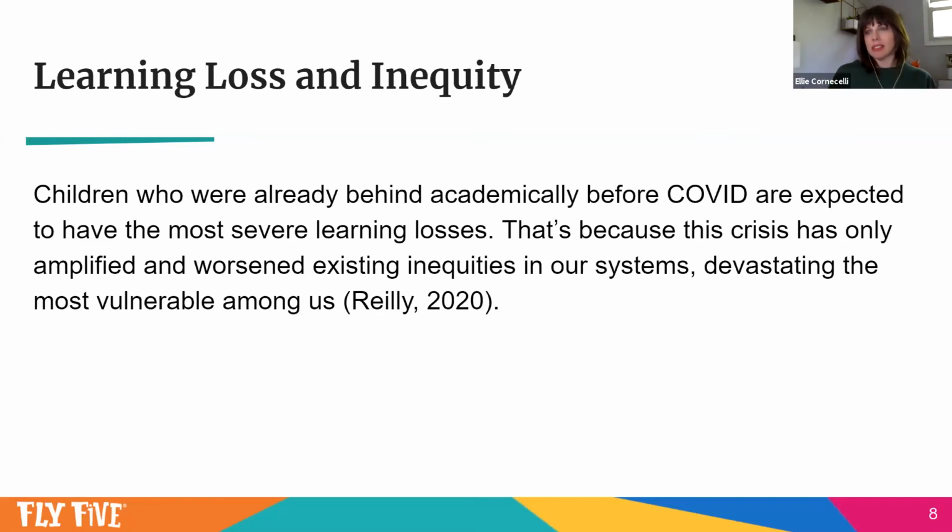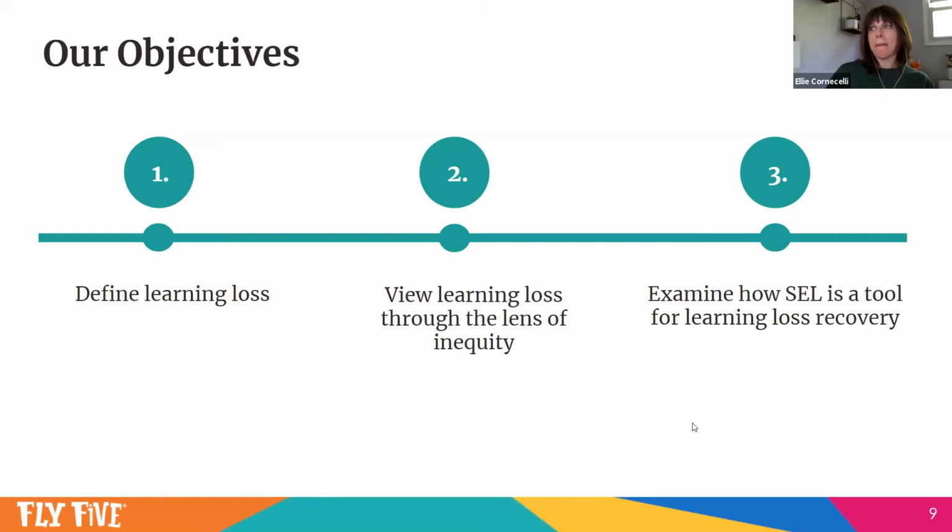So all of these extra risk factors help us to see why the Black community has had more of an impact in COVID-19, leading to more learning loss for our racial and ethnic minority students. So as we think about learning loss for all of our students, when we look at it through this lens of inequity, we can start to see how we have some additional challenges to think about.